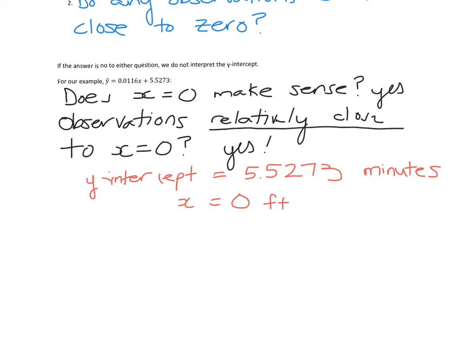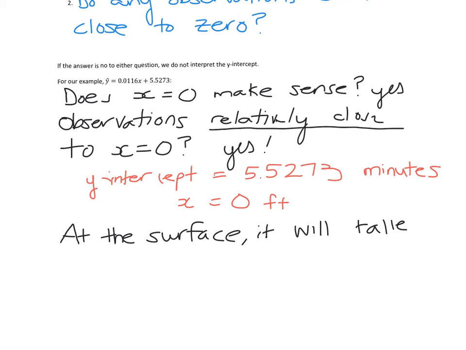Okay, so that's pretty much your interpretation. We would have to write out a complete sentence just as before. So we could say at 0 feet, or we can interpret it even further. We could say at the surface, it will take 5.5273 minutes to drill 5 feet.